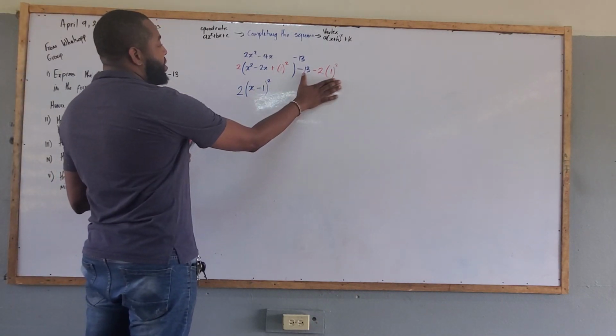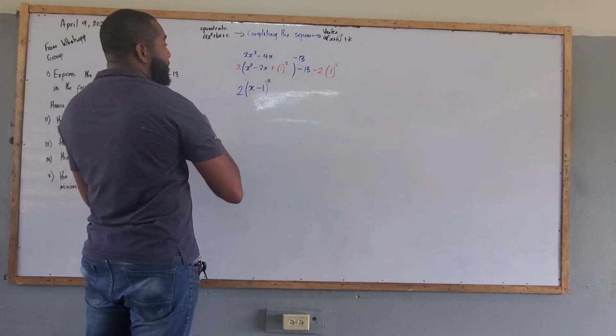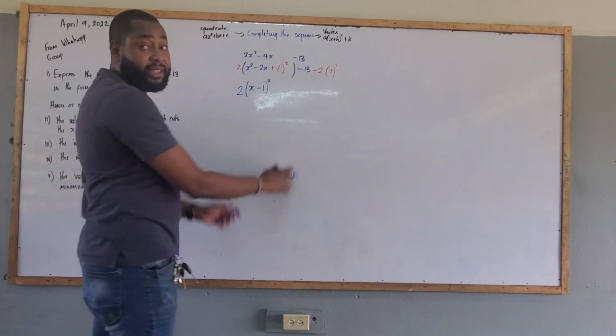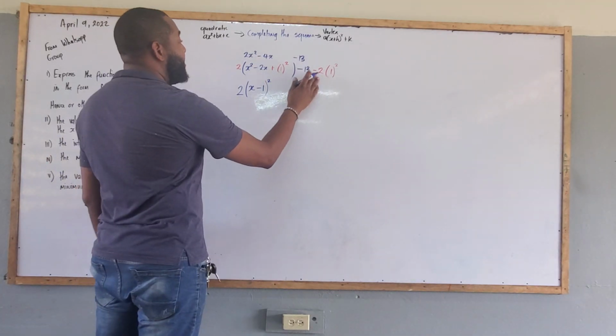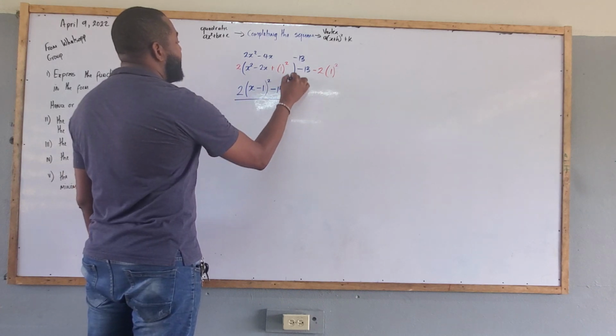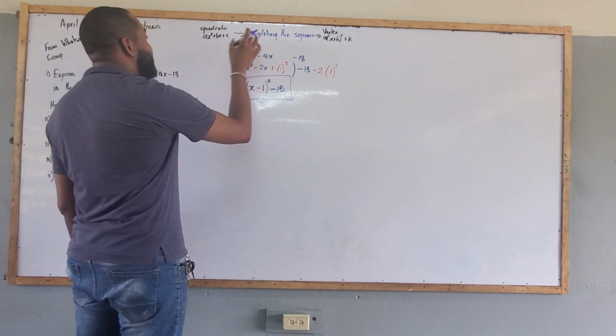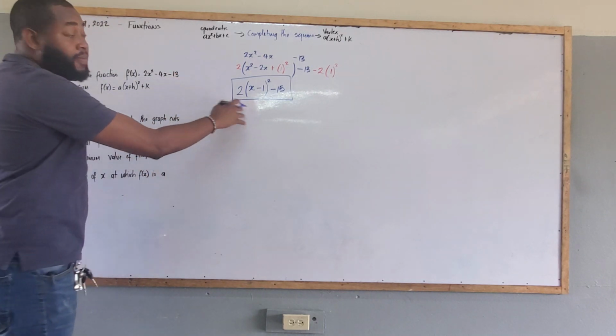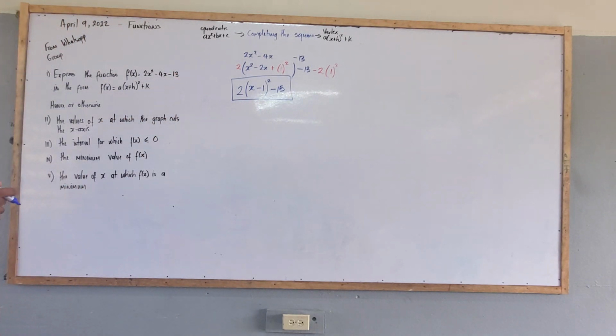Now all we have to do is work out this last bit. 1 squared is 1, times 2 is still 2. So we have negative 13 minus 2, that's negative 15. So you now went from quadratic form to the vertex form. Alright, so we completed the square. Got that? Yes, sir.